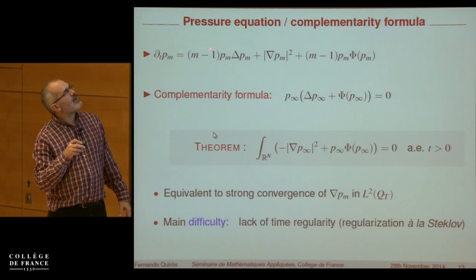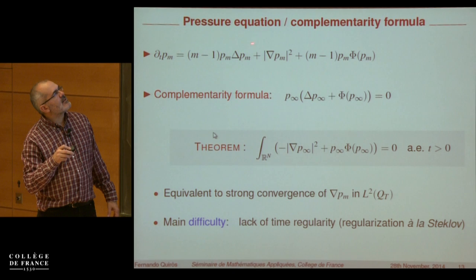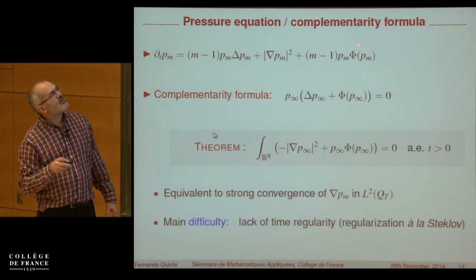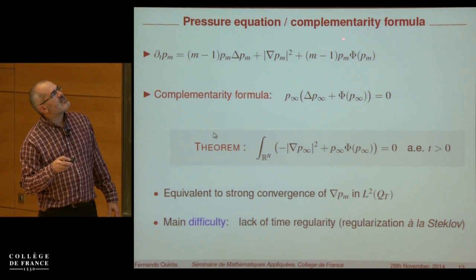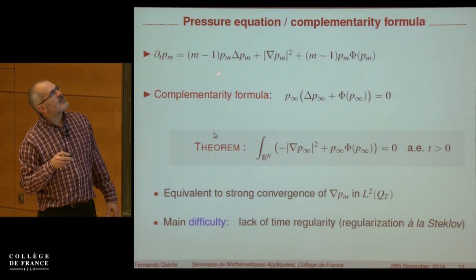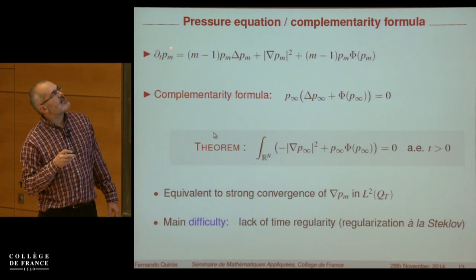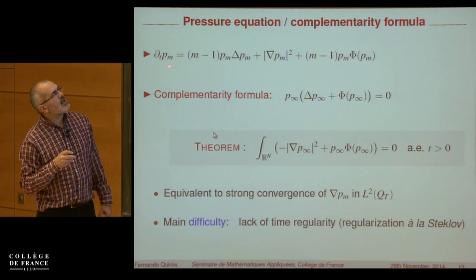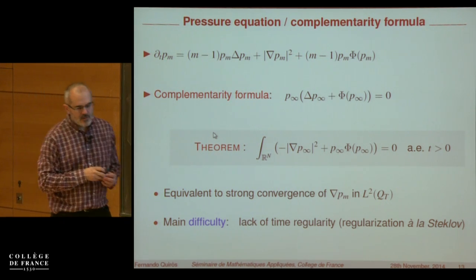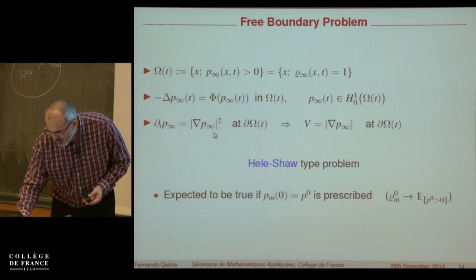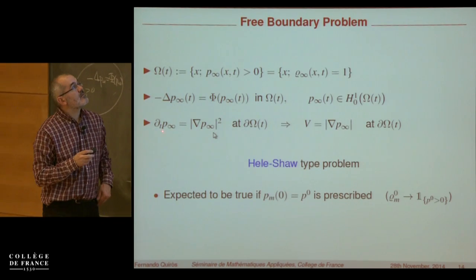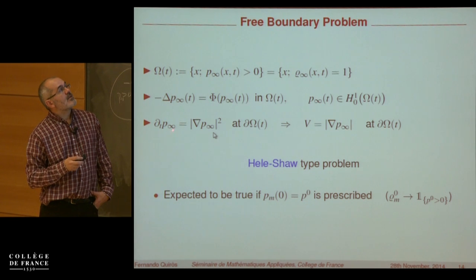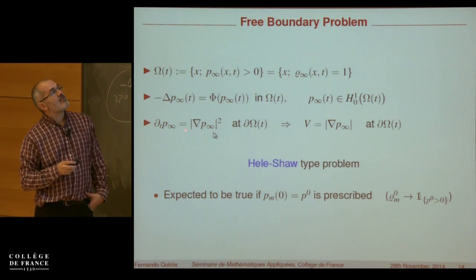Here, the leading terms are this one and this one, but if you are close to the free boundary where p is 0, then these two terms are not there, and what you will get in the limit is a hyperbolic equation. If you are looking at the free boundary, it is this equation: the time derivative of p equals the gradient of p squared.